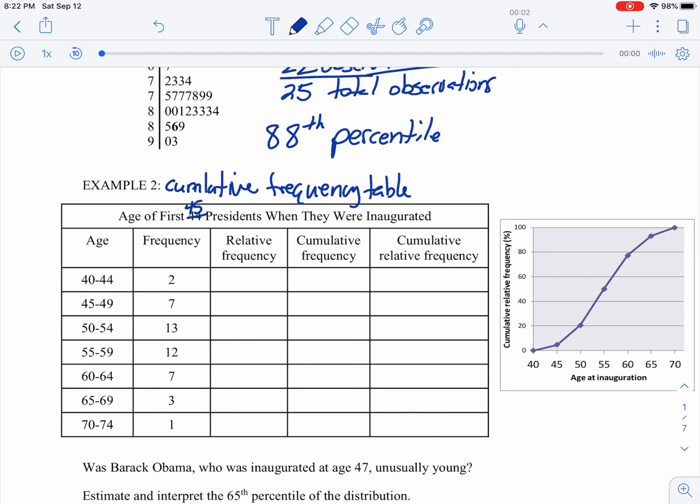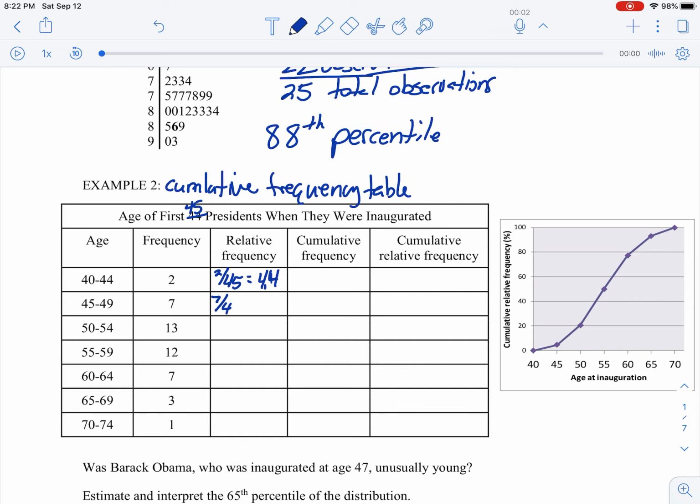Relative frequency wise, we have 2 out of 45 equals 4.4%. Okay, we'll just leave that as 4.4%.